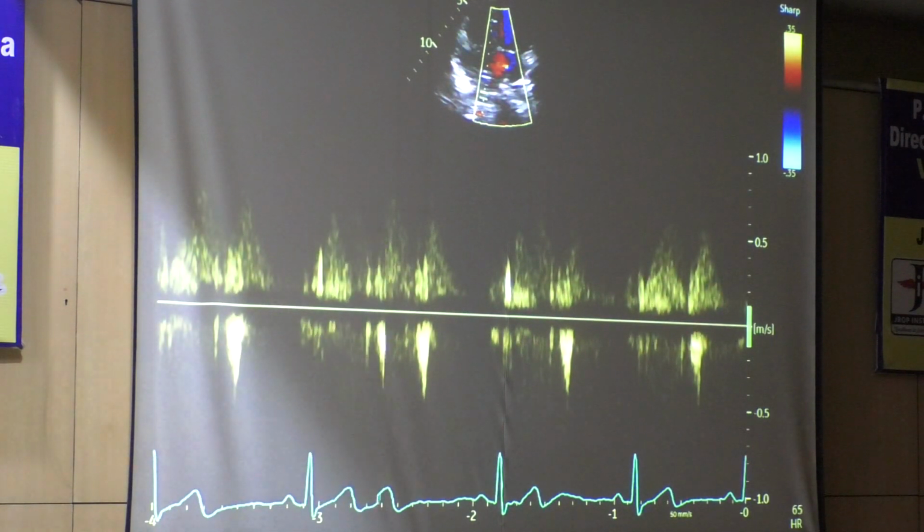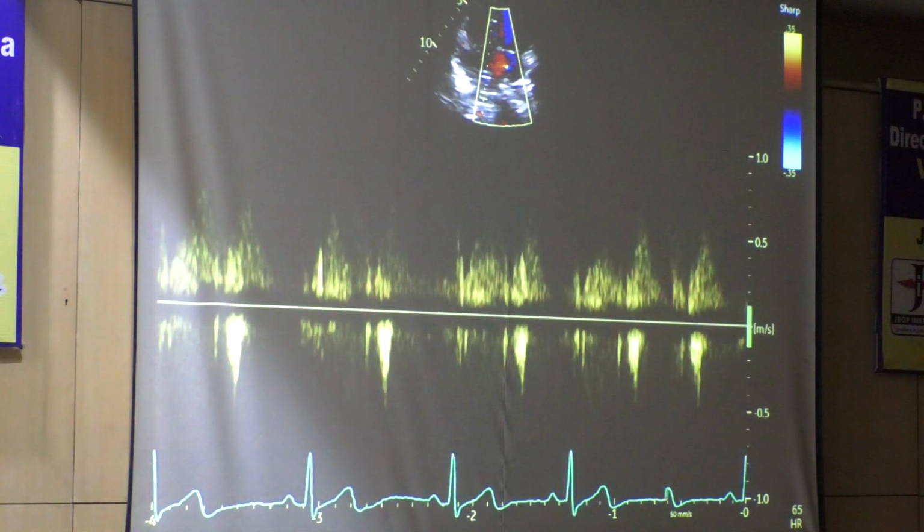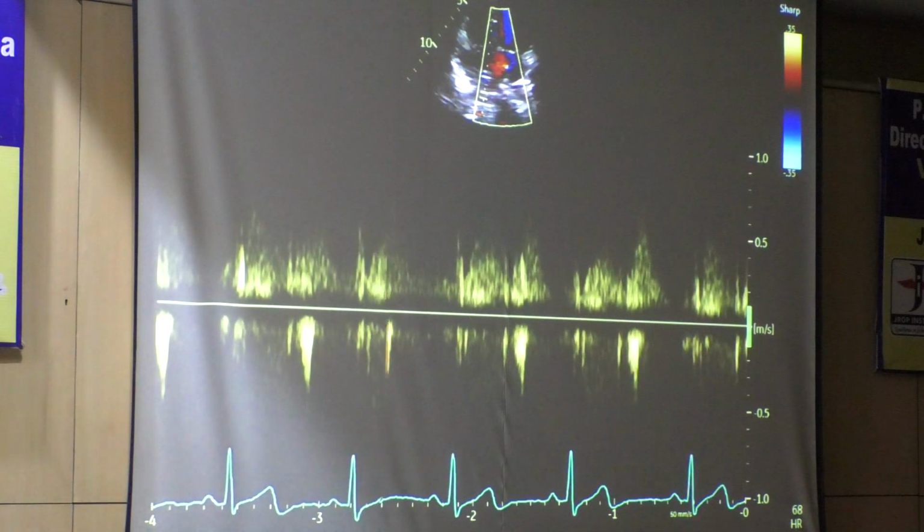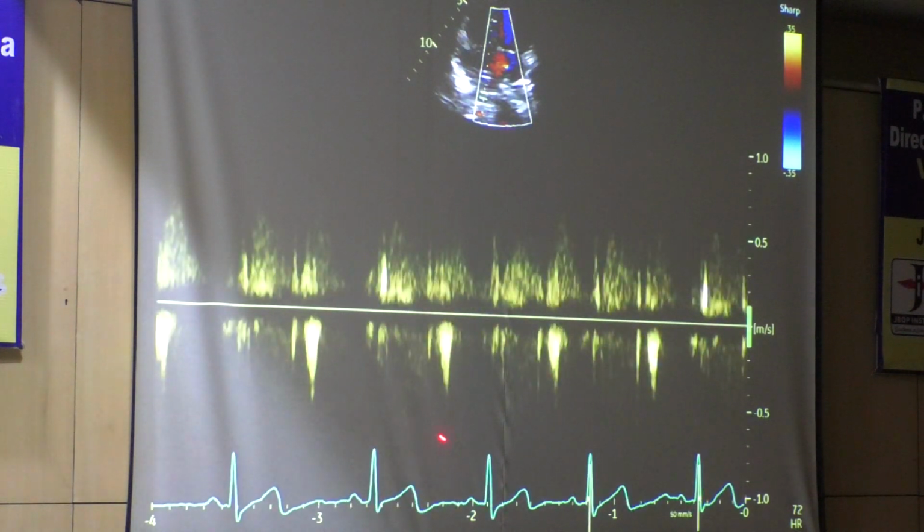I always like to have ECG gating so that I can understand what is the S wave and what is the D wave when I'm talking about pulmonic veins. I will always look for all four pulmonic veins so that at this point I'm comfortable that my pulmonic venous drainage is normal.